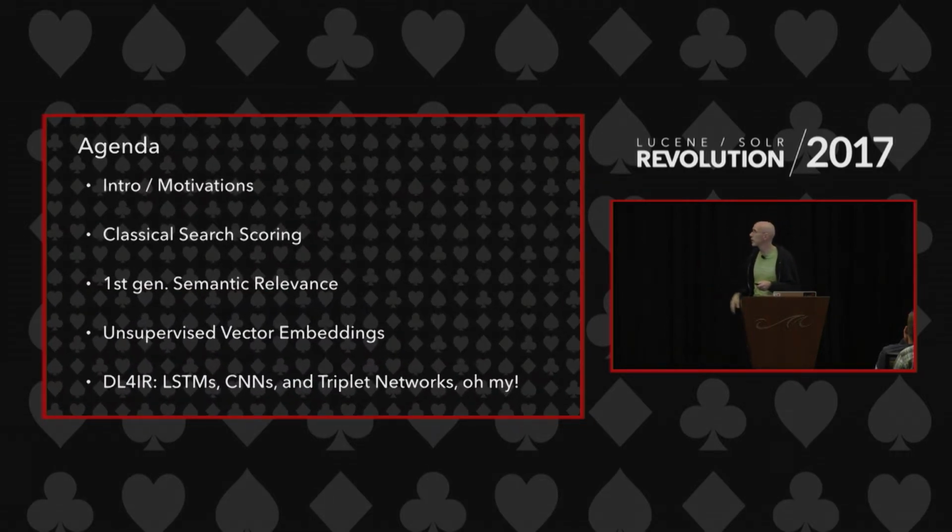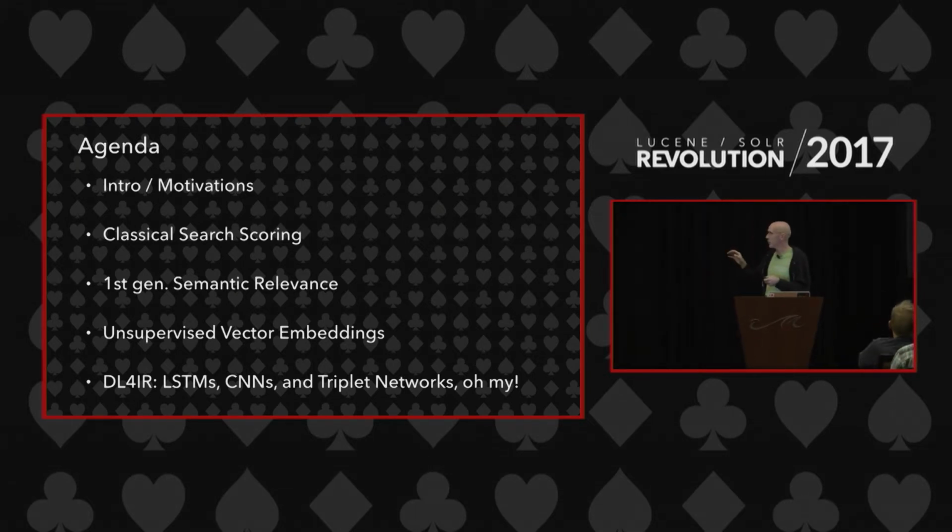We'll quickly talk about what we're going to say today. We'll cover some motivations for why we would do the kind of things I'm going to talk about with word vectors. Review a little bit, a tiny blast through where search scoring started. Move on to the first generation of semantic relevance approaches before moving on to unsupervised vector embeddings.